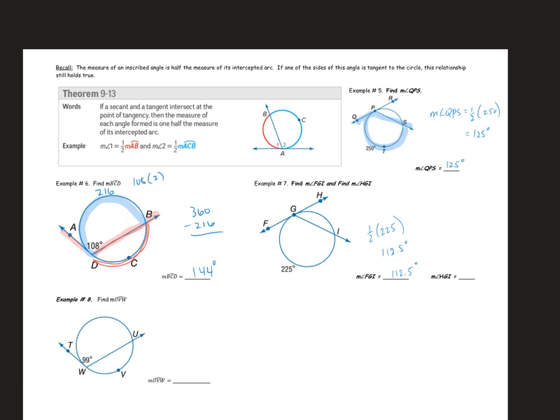If that's 225, I know that all circles add up to 360, so you could do 360 minus 225. If I do 360 minus 225, you're going to get 135. And if you do 135 divided by 2, you're going to get 67.5 degrees.